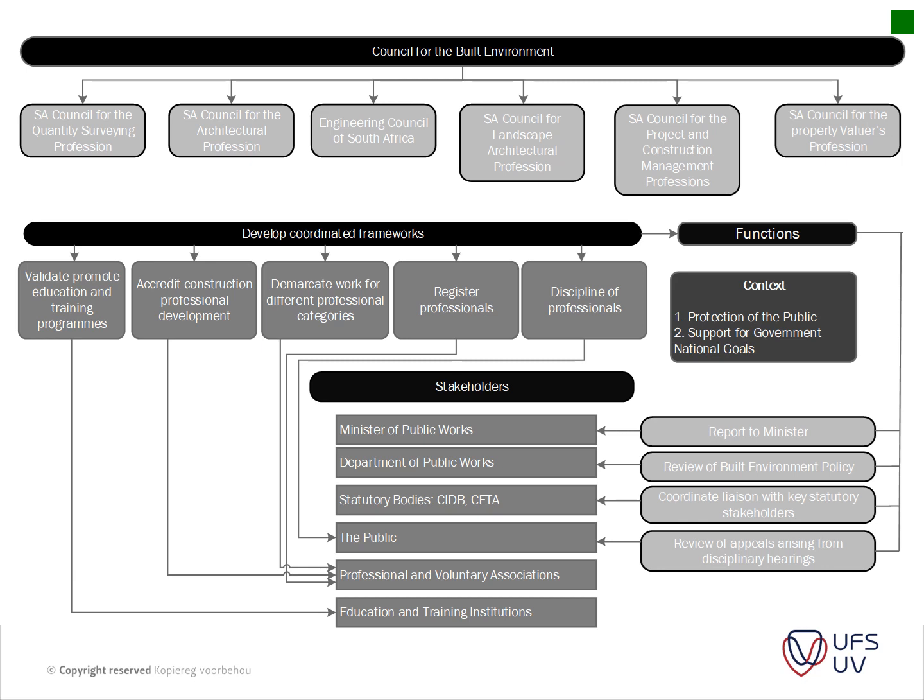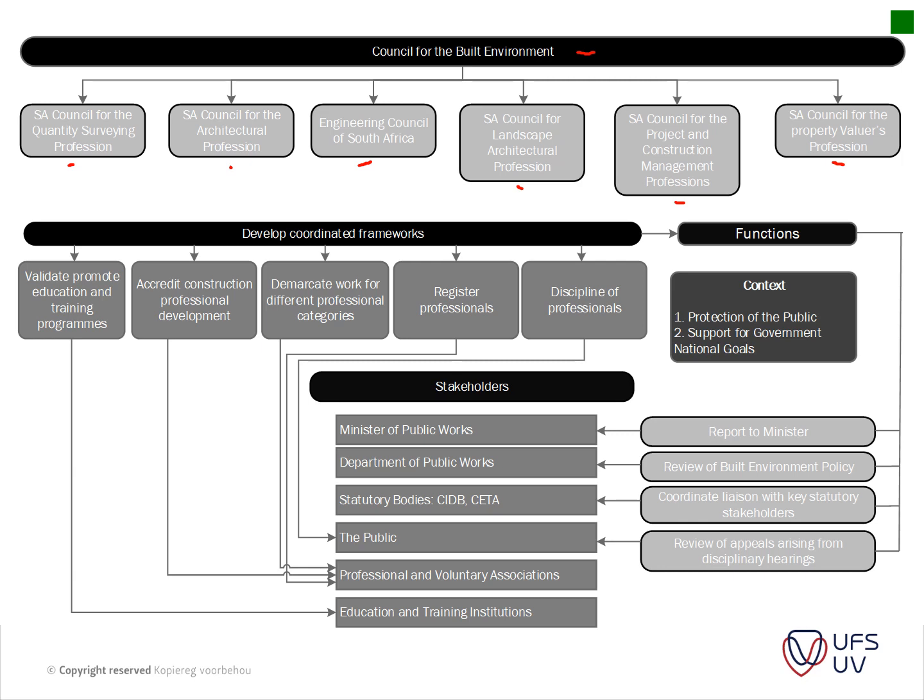You should know that there's a council for the QSs, for architects, engineers, which is ECSA, for landscape architects, and then the council for project management, which is the SACPCMP, and then the council for property valuers as well. Okay, and then what you can see is all of them fall underneath the Council for the Built Environment.